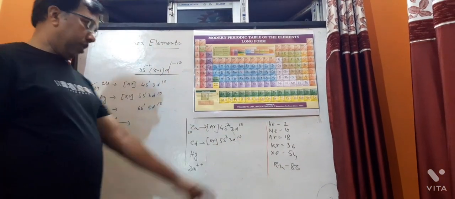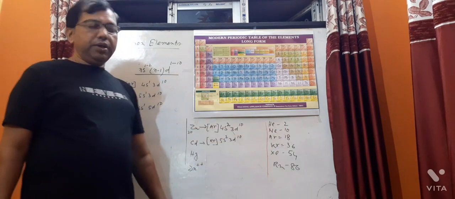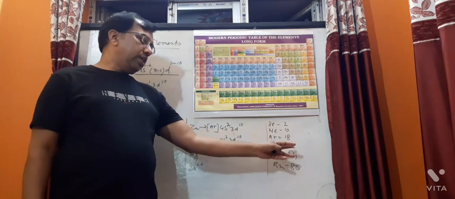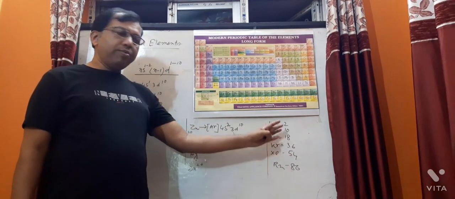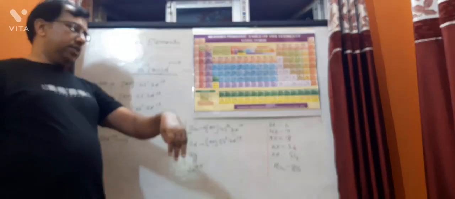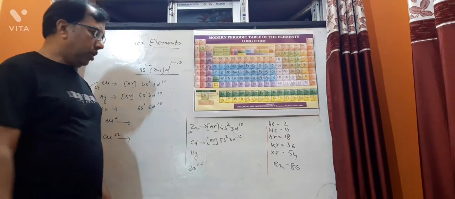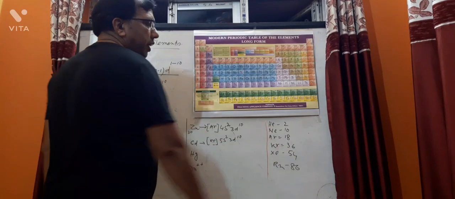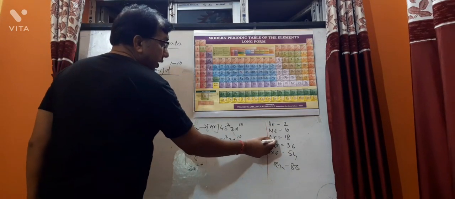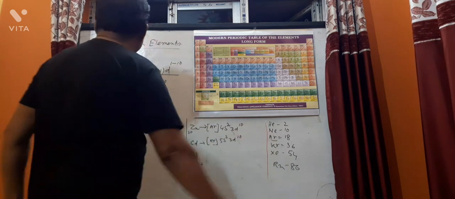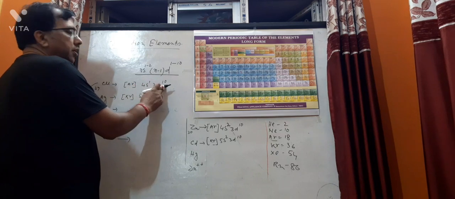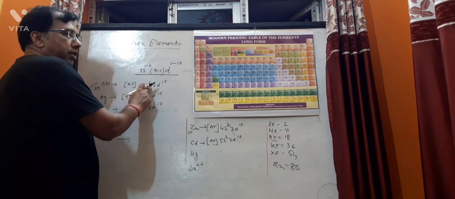You should remember their atomic numbers: 2, 10, 18, 36, 54, 86. If you take argon, 18 is taken, then 10 more is 28, plus 1, 29.